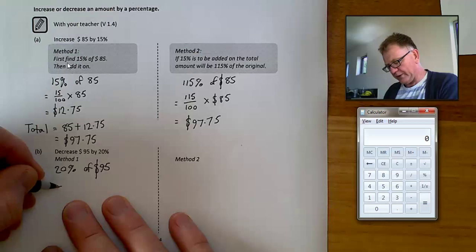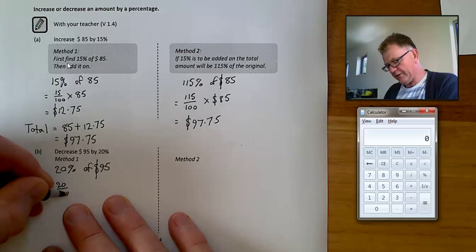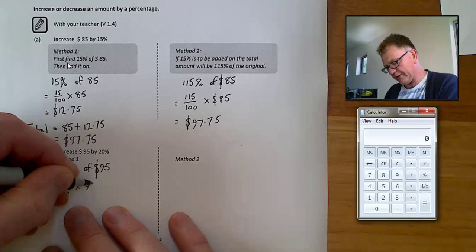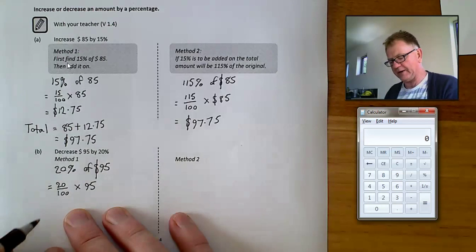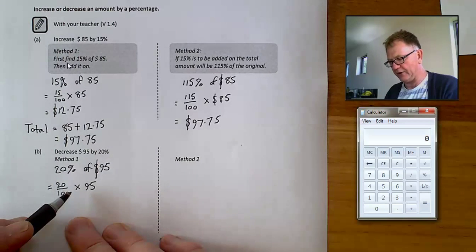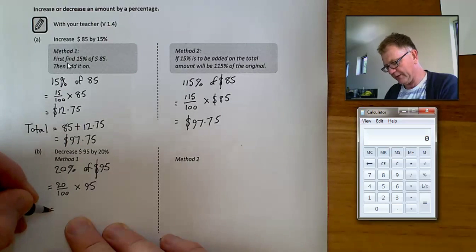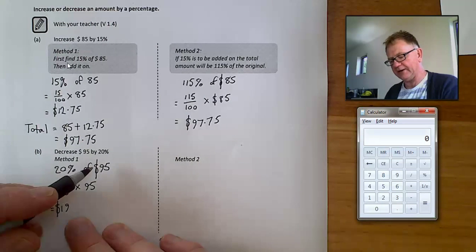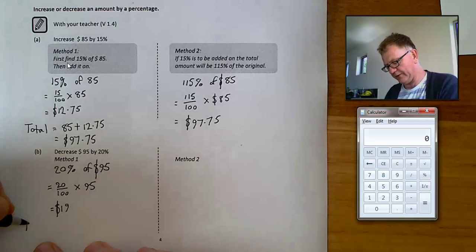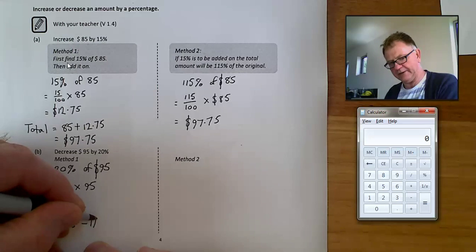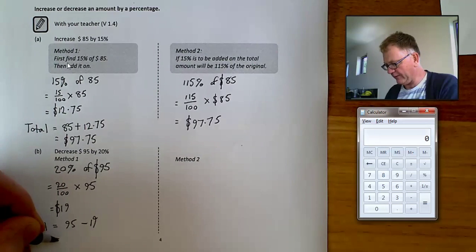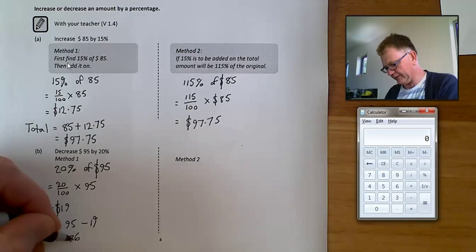So it's 20 over 100 times $95, and on the calculator 20 divided by 100 times 95 works out to be $19. I want to get that and take it away from $95, so the total at the end is going to equal 95 take away 19, a total of $76.